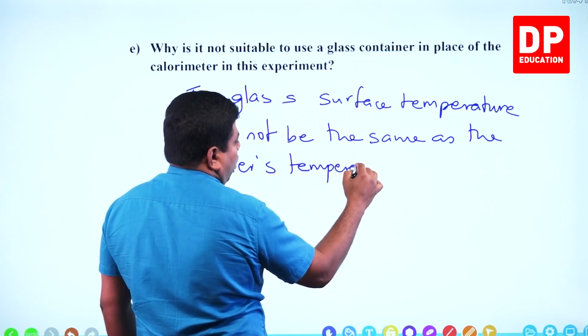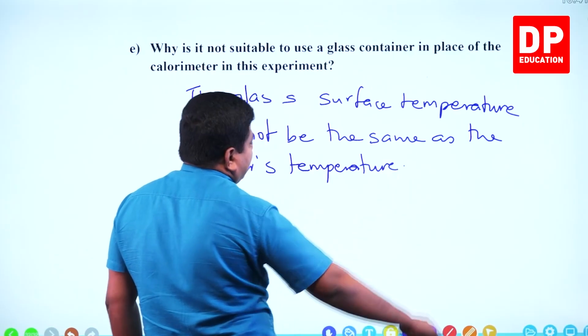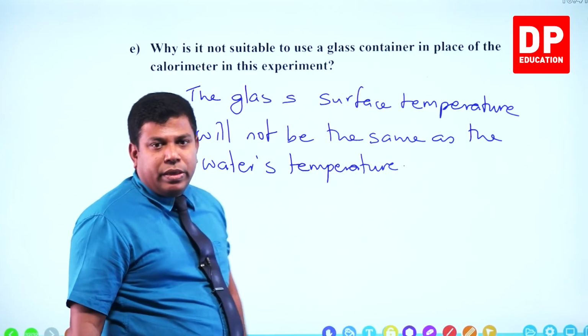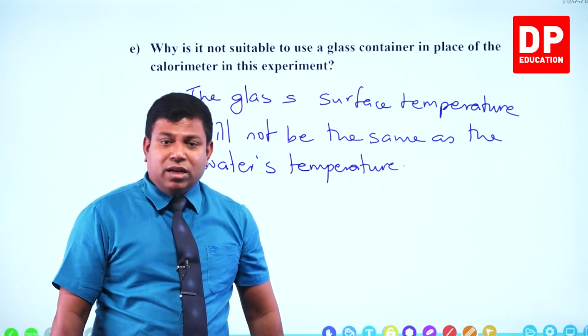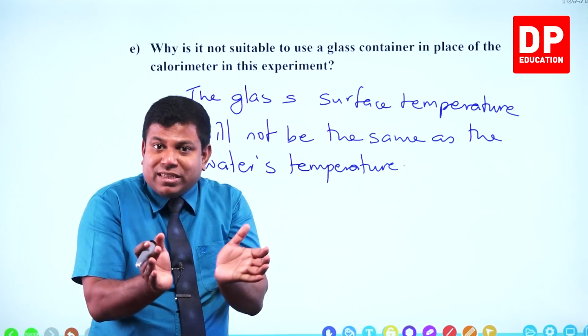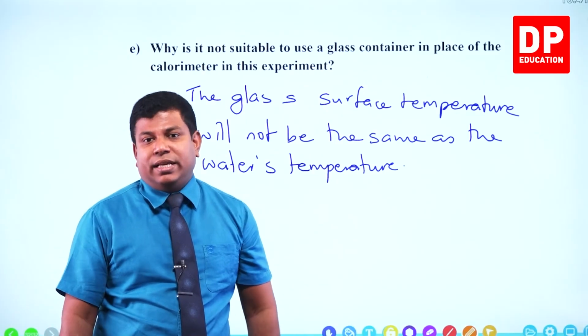So what you read as the temperature of water on the thermometer, whereas the heat loss happens from the surface, which is going to be different.